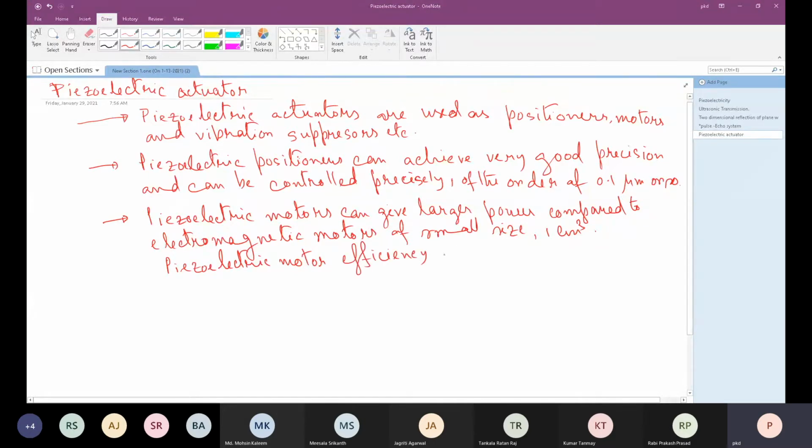Efficiency more or less does not depend on size. It depends on the actuation voltage or excitation voltage.